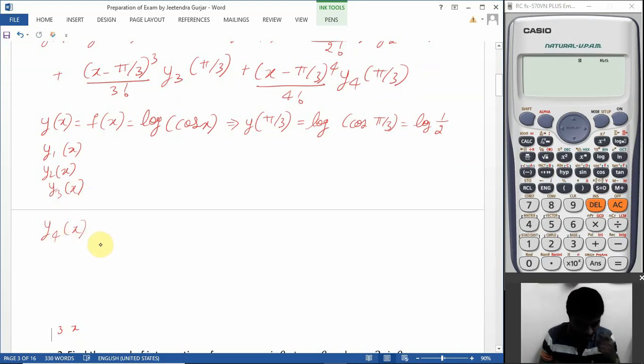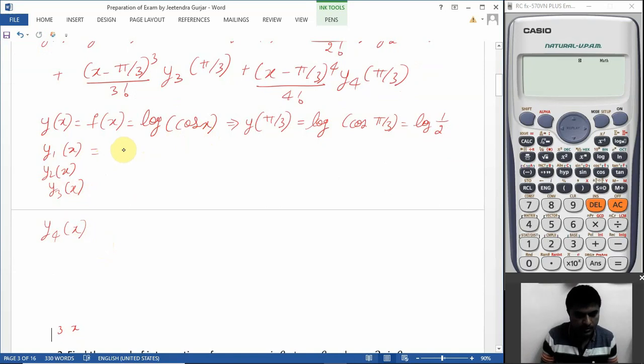Is it clear? And substitute the values one by one. Okay, quickly. y1 of x is what, students? It is first degree differentiation. So I'm going to differentiate this log of cos x. So quickly simplify this, students.